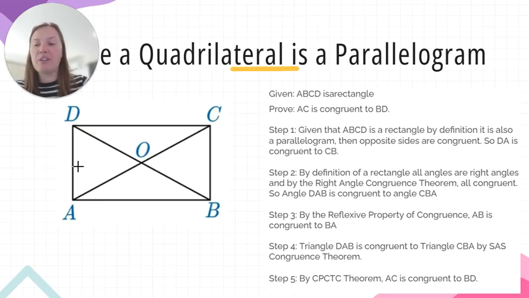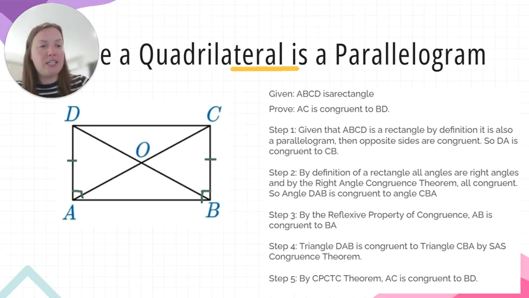I just labeled everything on my rectangle, but I want to focus on only two triangles within it. I'm going to focus on DA and CB, just so that my picture doesn't get all muddled.